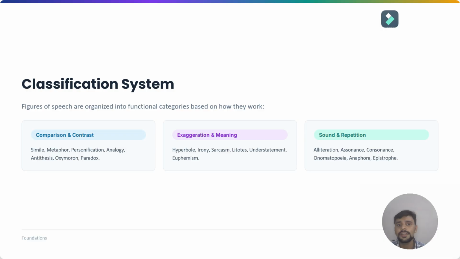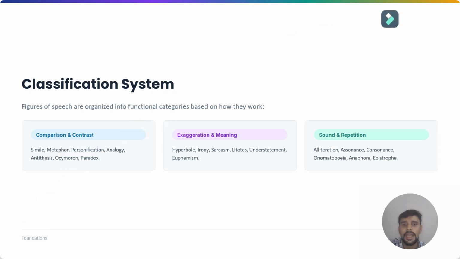Before we start learning individual devices, let's create categories. This is extremely useful because memorizing 20 different names independently can become confusing. We can group them according to what they do. First, comparison and contrast. Simile and metaphor compare. Antithesis, oxymoron, and paradox deal with contrast or contradiction.